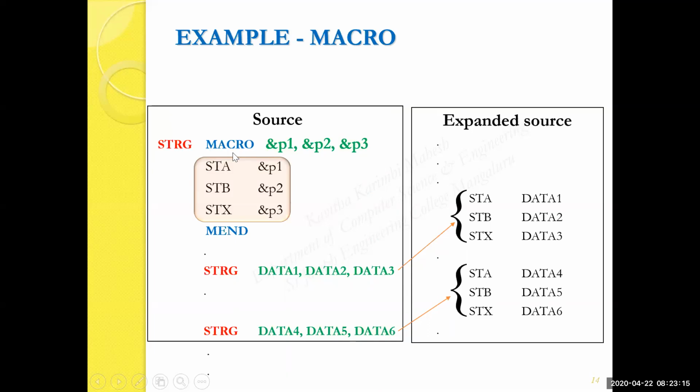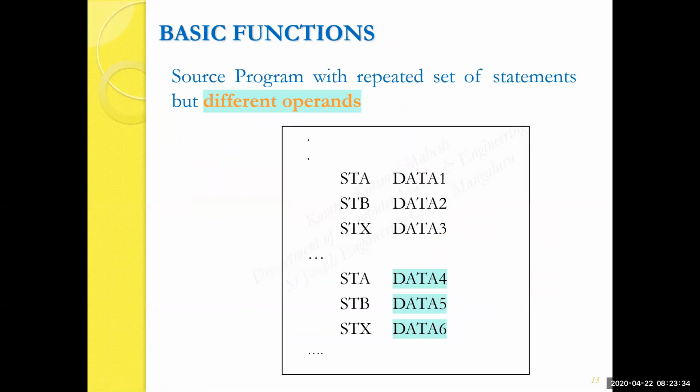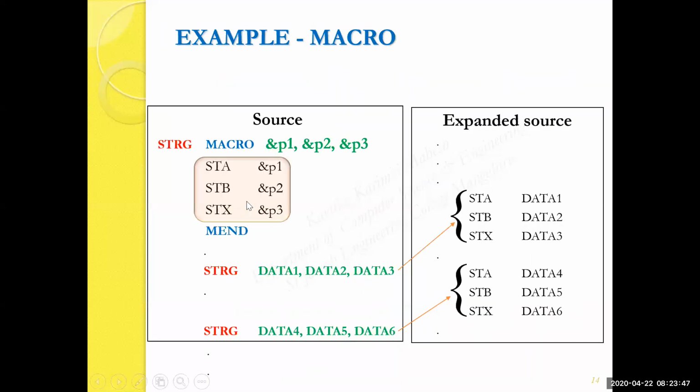As usual, the beginning of the macro definition is indicated with the directive MACRO, and following the directive MACRO, we have a set of 3 statements, STA, STB, STX, which is something that we want to generate in the source program. As you see, in the first set, STA has the operand data 1, while in the second set, we have the operand data 4. So while you incorporate this into the body of the macro, the operand is indicated by a parameter P1.